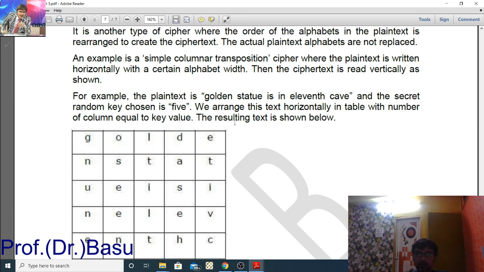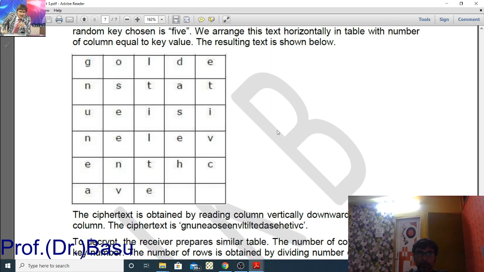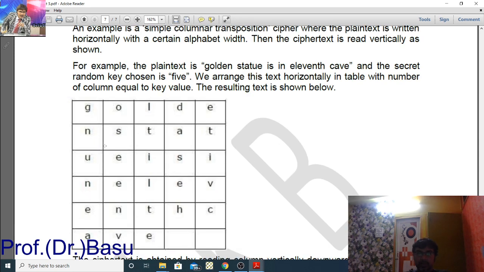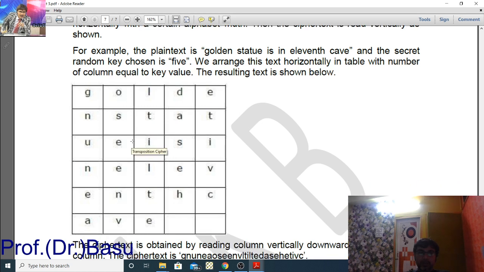This is the way we arrange the text horizontally in a table, the number of columns equal to the key value. The resulting text is shown below. The concept of duplicate letters is involved here. You just write all the characters, and we will be getting the cipher text.